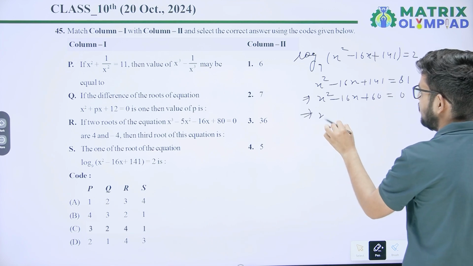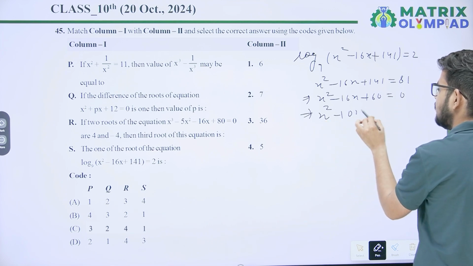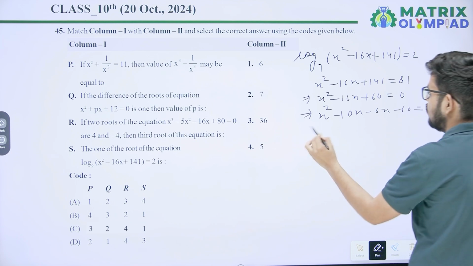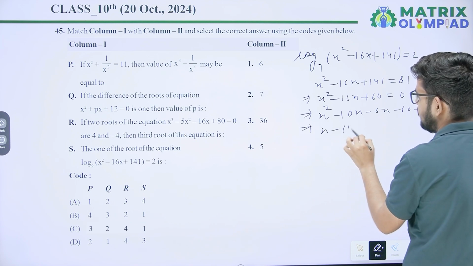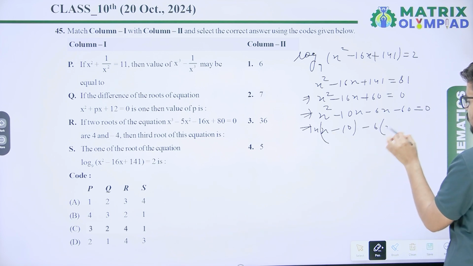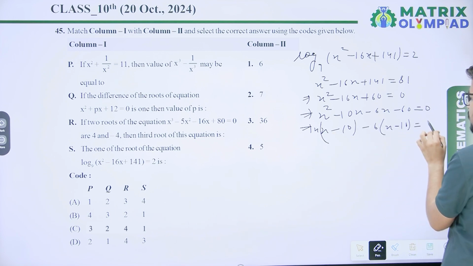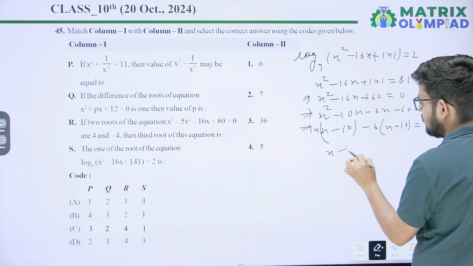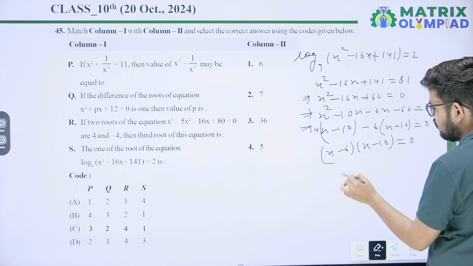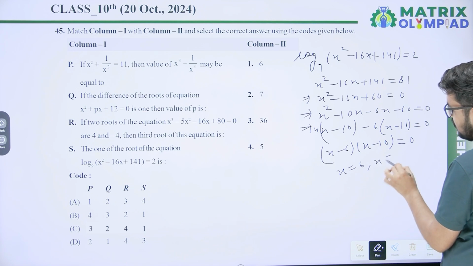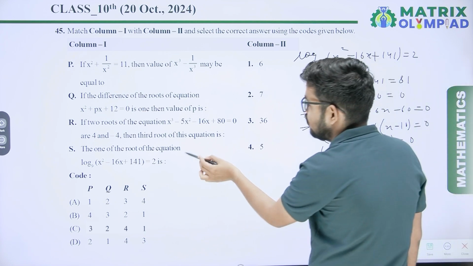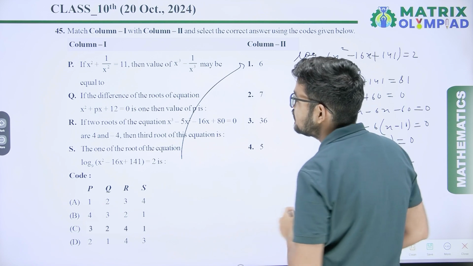So by splitting you will get x square minus 10x minus 6x plus 60 equal to 0. So you will get x into x minus 10 minus 6 common, x minus 10 equal to 0. So x minus 6 and x minus 10 are factors. So x equal to 6 and x equal to 10. So one of the values of x is 6. So one root is 6.